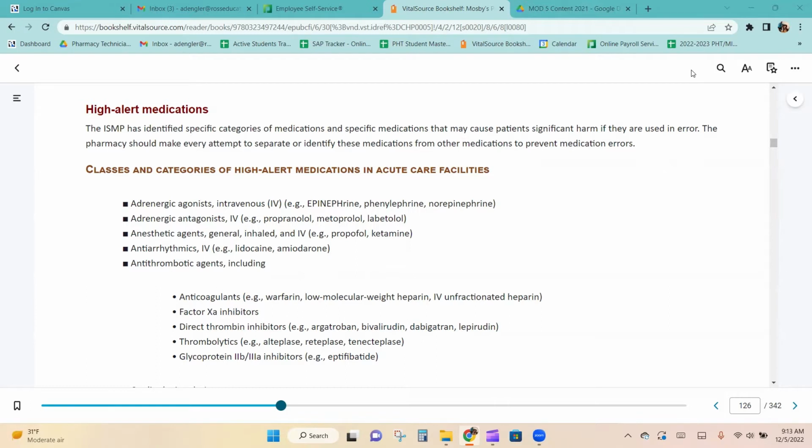Antiarrhythmics, IV, like lidocaine and amiodarone. And antithrombotic agents, including anticoagulants, factor Xa inhibitors, direct thrombin inhibitors, like dabigatran, argatroban, thrombolytics like alteplase, reteplase, glycoprotein IIb/IIIa inhibitors.